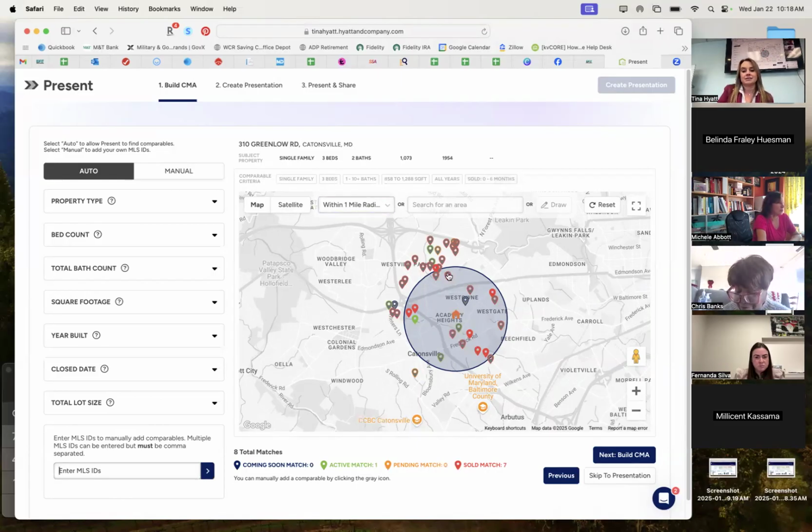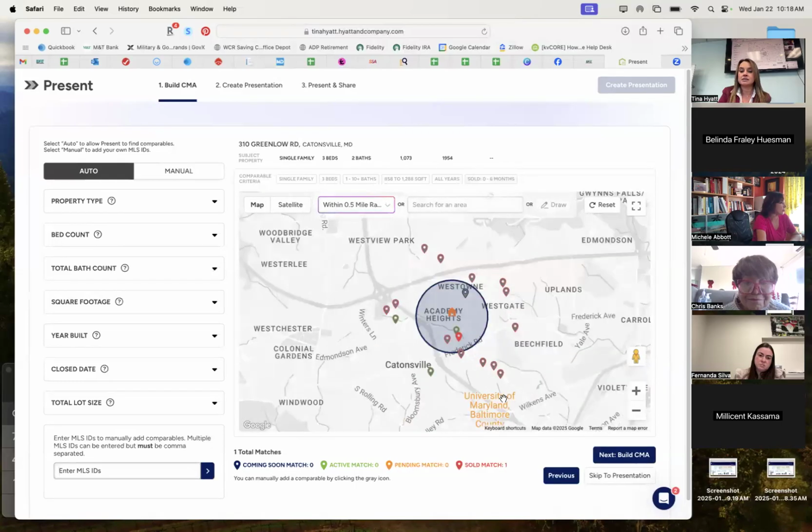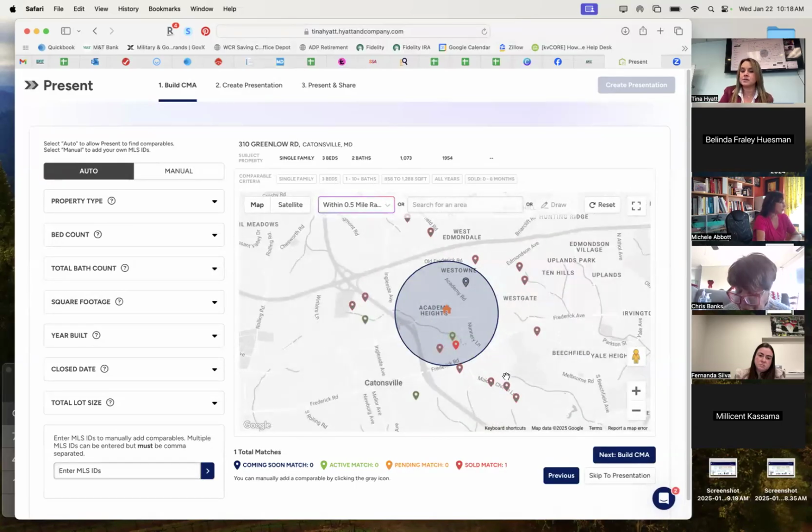My radius. So in Academy Heights or in Catonsville, it's pretty densely populated, right? A lot of houses pretty close together. So I'm going to narrow my radius because chances are this radius may even take me over the line into Baltimore City. So I'm going to stick with my 1/2 mile radius first and see what kind of comps it pulls up for me. Academy Heights is a very specific neighborhood, right?